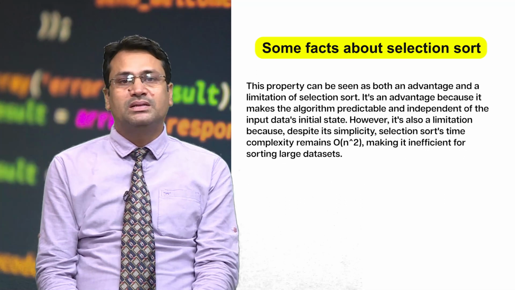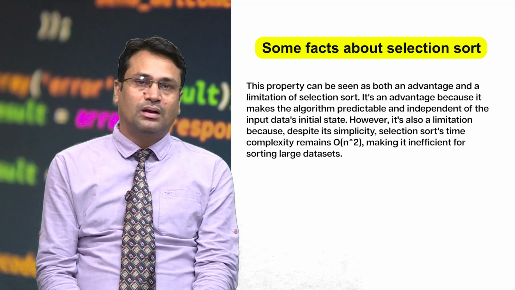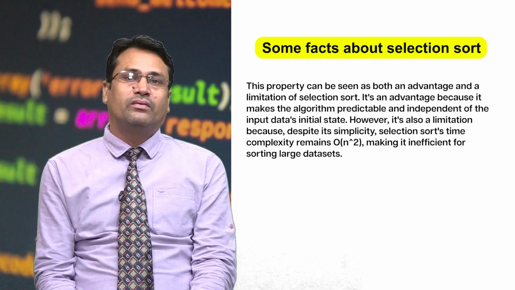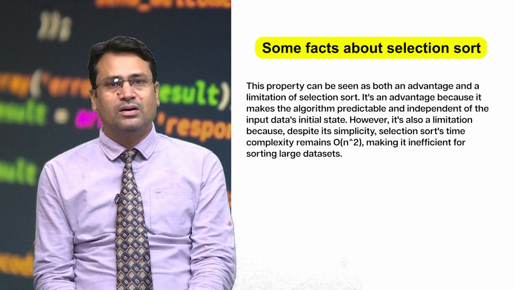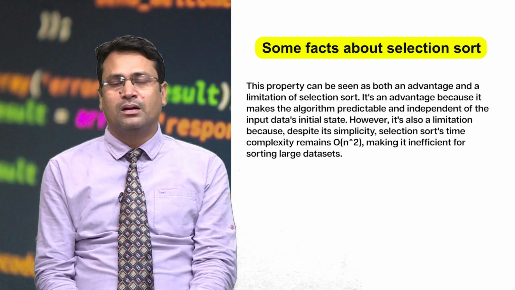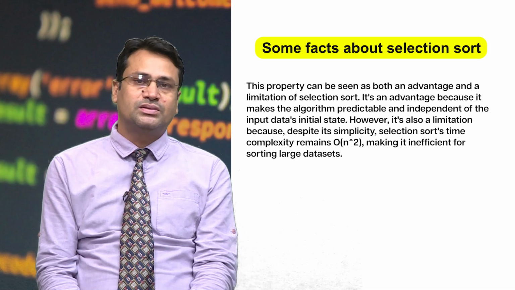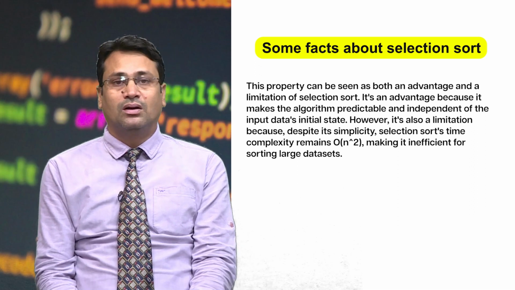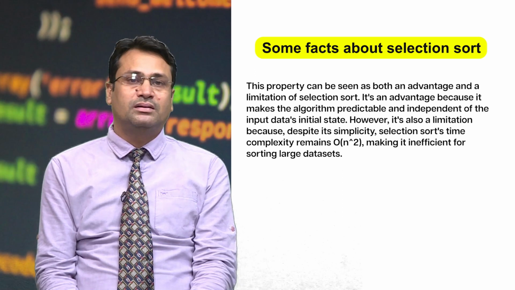This property can be seen as both an advantage and a limitation of selection sort. It is an advantage because it makes the algorithm predictable and independent of the input data's initial state. However, it is a limitation because despite the simplicity, selection sort's time complexity remains O(n²), making it inefficient for sorting larger data sets.